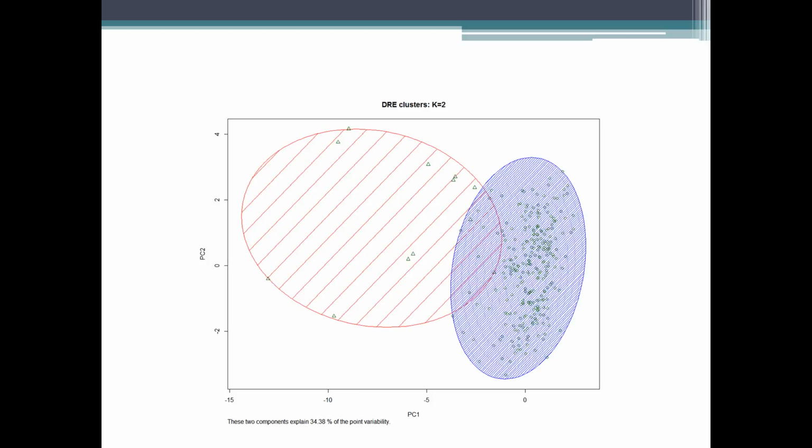You can compare the mean distance of each cluster, and when k equals 2, the mean distance is smaller than when k equals 3. That means k equals 2 is a little better than k equals 3.